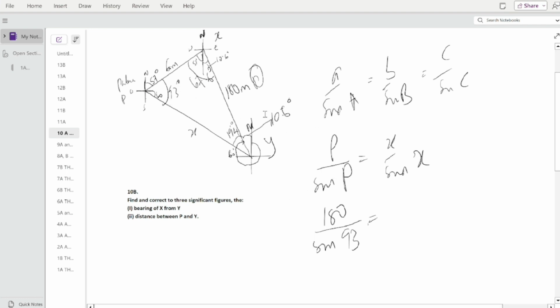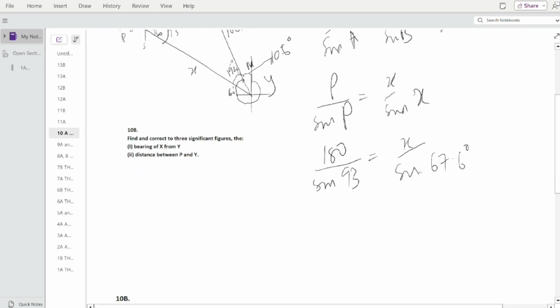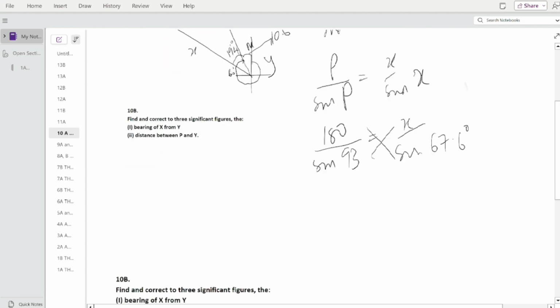Then we know our angle X is 67.6 degrees, and we're looking for this x, which is unknown, over sine 67.6 degrees. We'll cross multiply and solve for x.